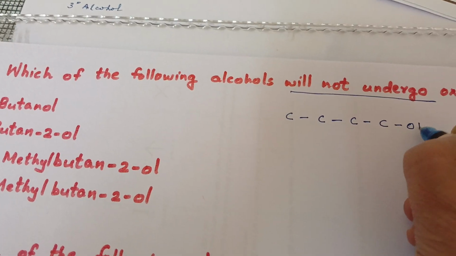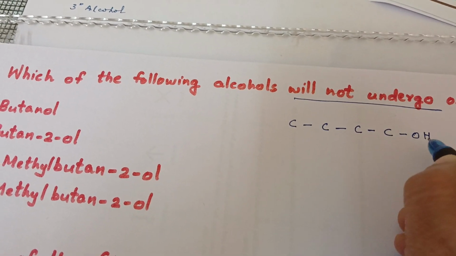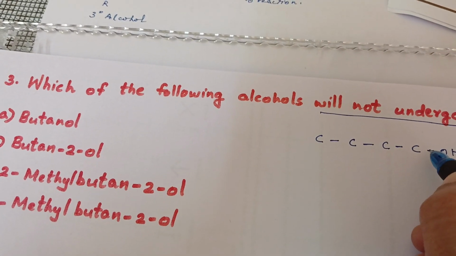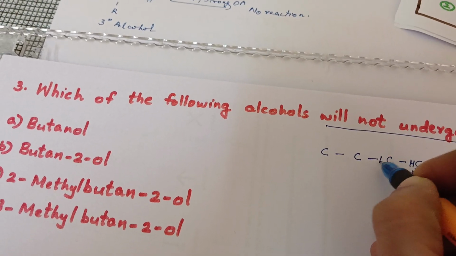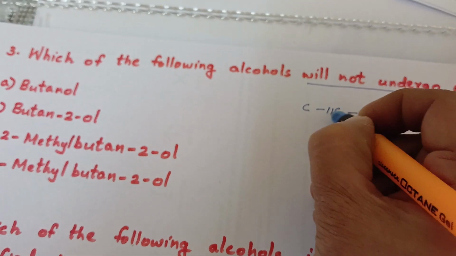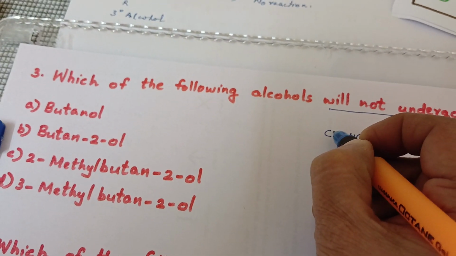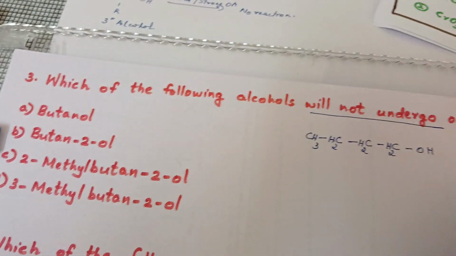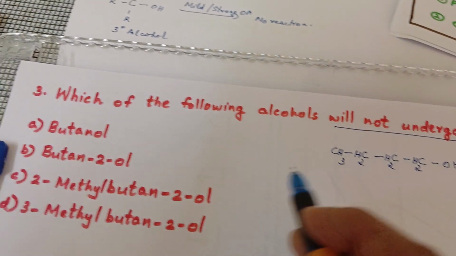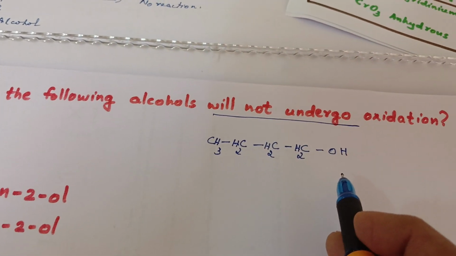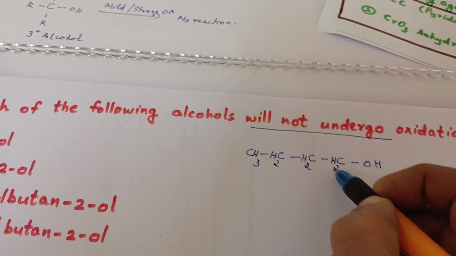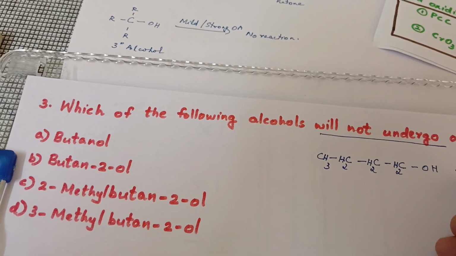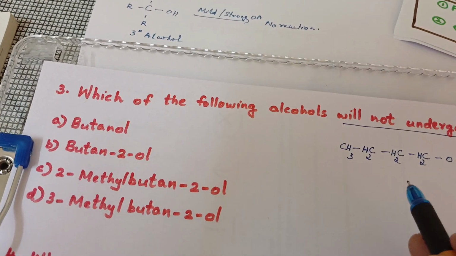And if you're numbering from here, this has CH2, CH2, CH2, CH3. This is butanol. So this carbon has 2 hydrogens on it. So this will undergo oxidation. What about butan-2-ol?